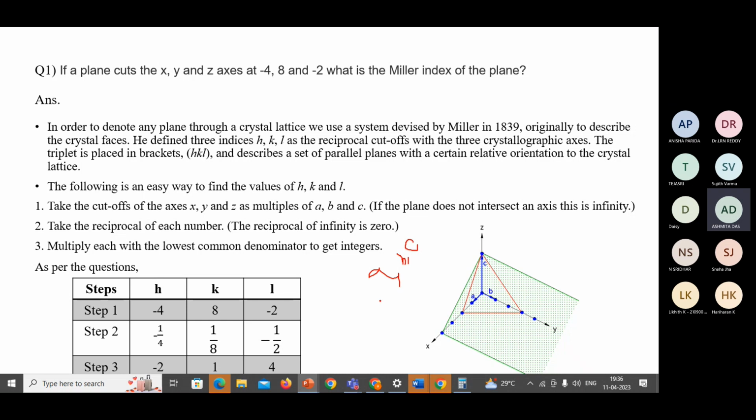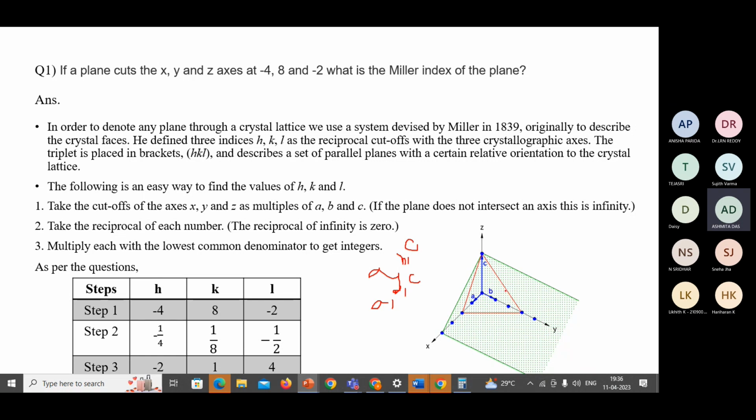So that time it will come as A, infinity, C.